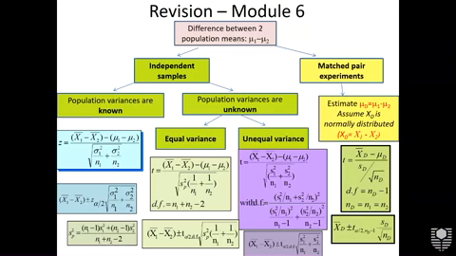Model 5 was a single population, do you remember it? Model 6, two populations. Today we're going to have ANOVA because we're going to have more than two populations. So if it's known, follow this.